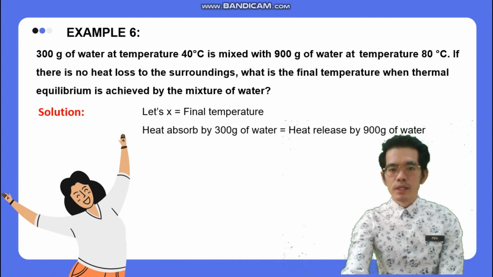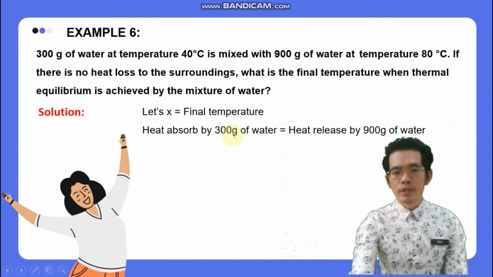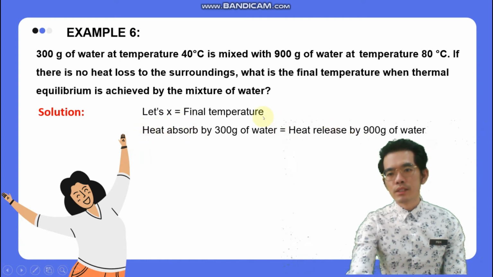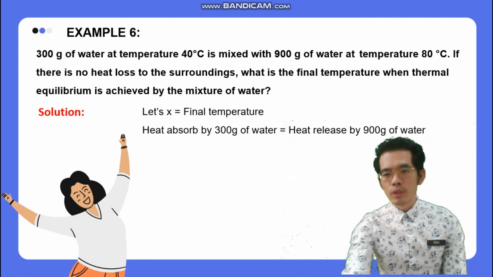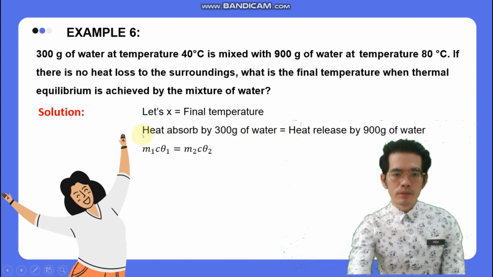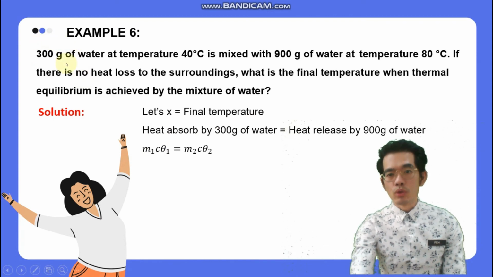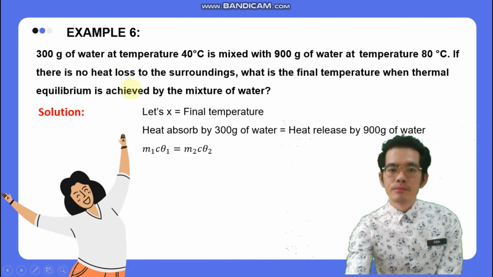The heat absorbed by 300 grams of water is equal to the heat released by the 900 grams of water. For heat absorbed and heat released, we use the formula Q equal to mc delta theta. M1 represents the mass of the first cup of water, which is 300 grams, so you need to change grams to the SI unit kg, becoming 0.3.